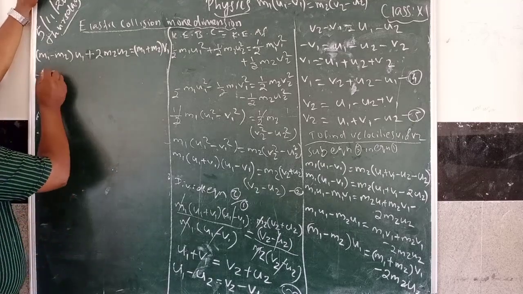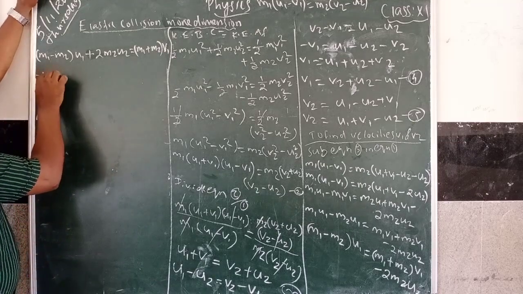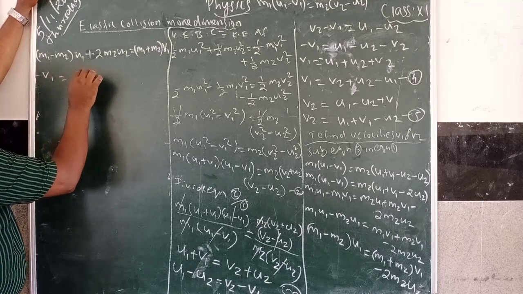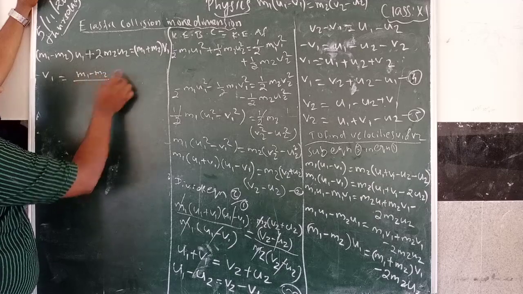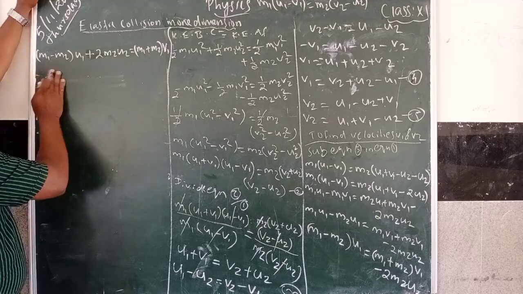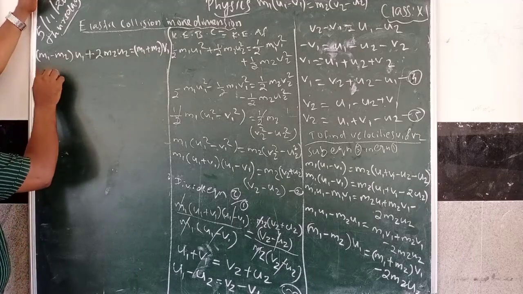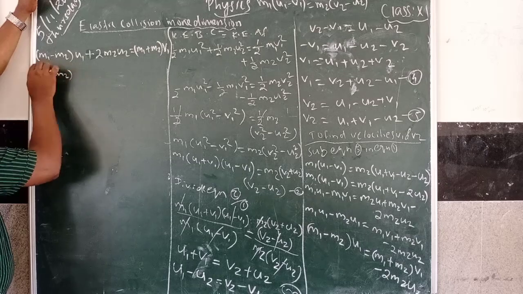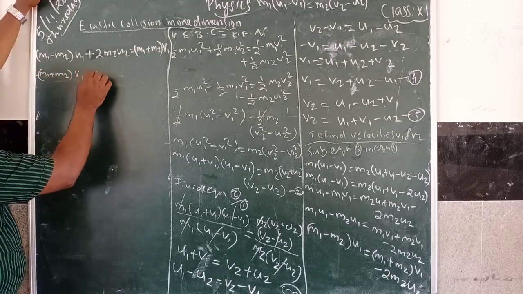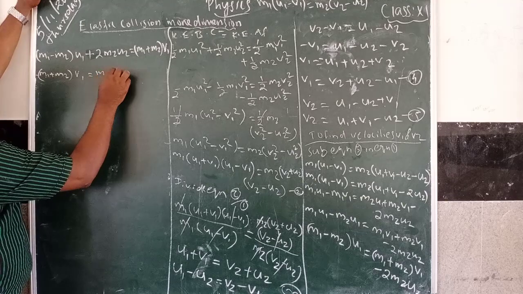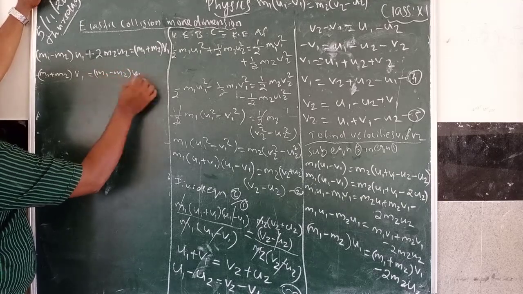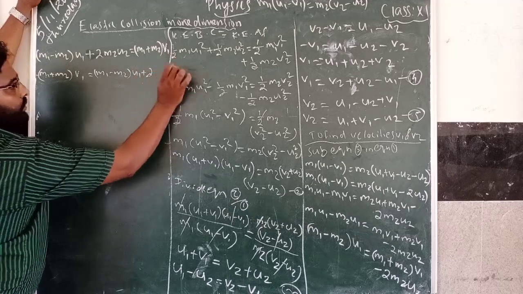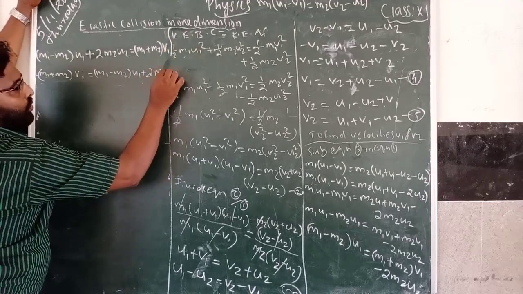Now find out V1 from this. One more step, I will write (M1 plus M2) into V1 equal to (M1 minus M2) into U1 plus 2 M2 U2.